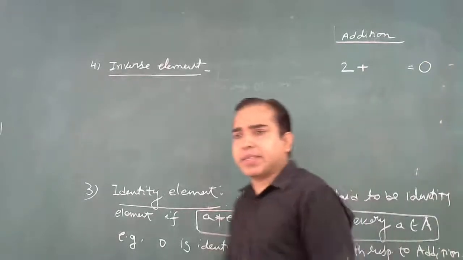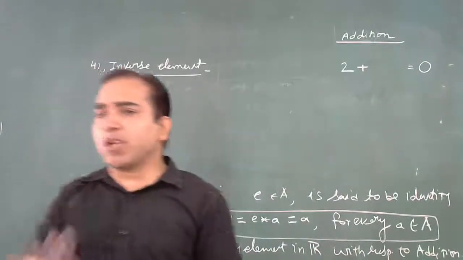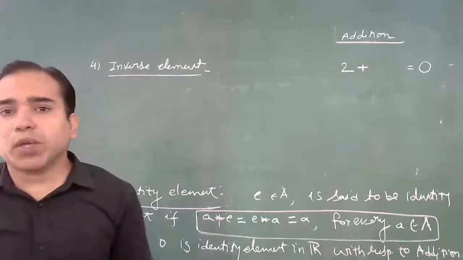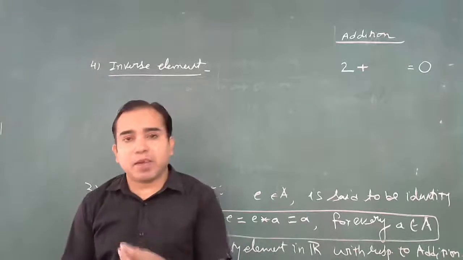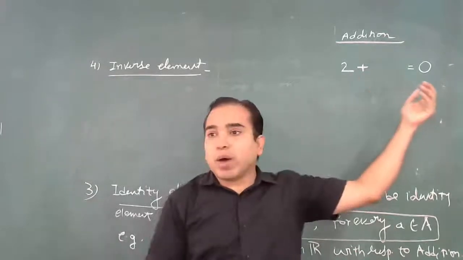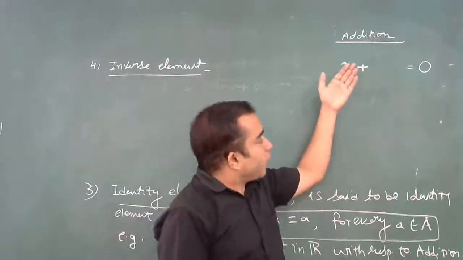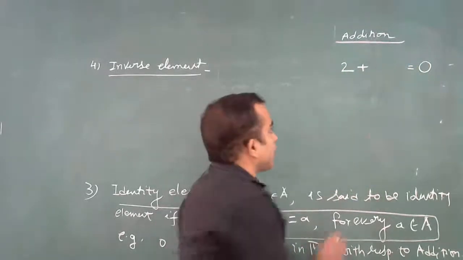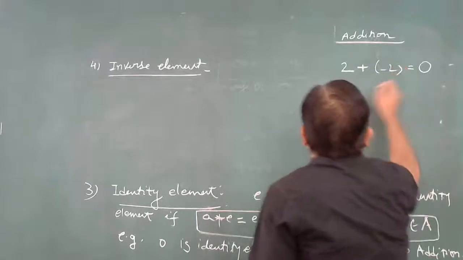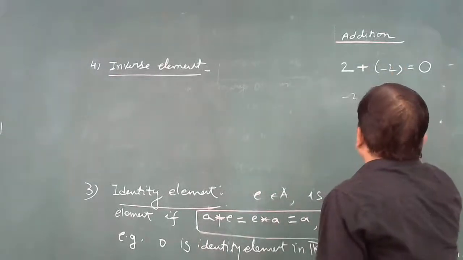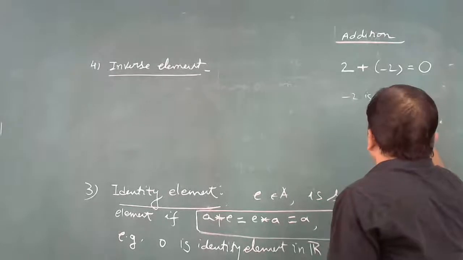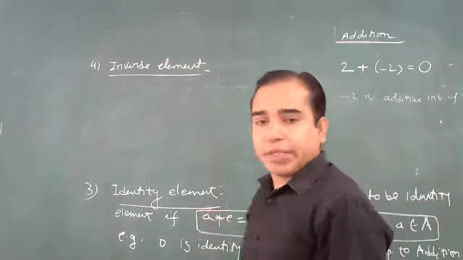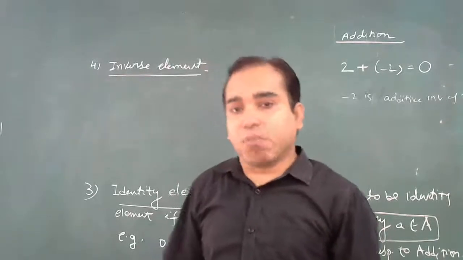Can you make a guess? सभी ने बोल दिया, बहुत शानदार, बहुत अच्छे। मैं ये कह रहा हूँ कि is there some element 2, what should I add so that I get additive identity, which is equal, of course, minus 2, isn't it? And here we say minus 2 is additive inverse of 2.